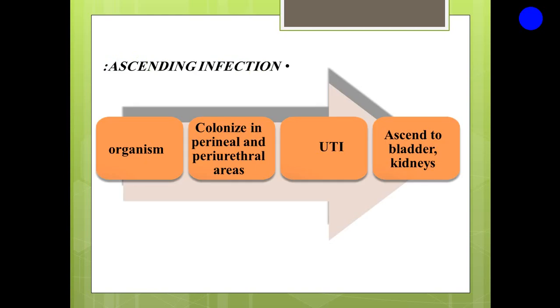Ascending infection is where the organisms enter the urinary tract and colonize in the perineal and periurethral areas, causing urinary tract infection, which ascends to the bladder and kidneys.